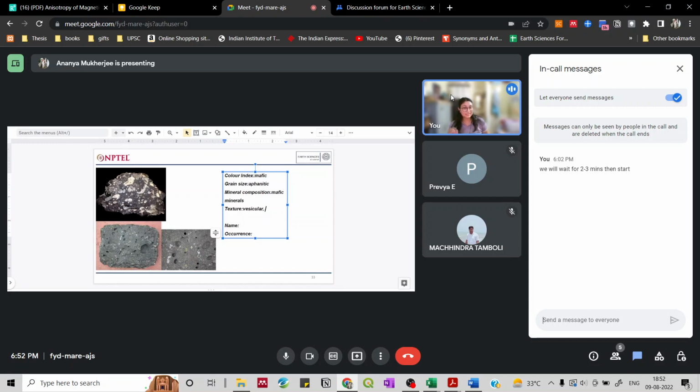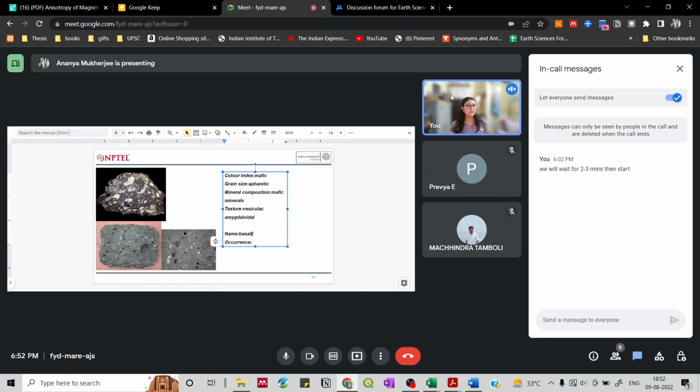And if the vesicles are filled with secondary minerals, like you can have calcium carbonate in it, or you can have some kind of silica precipitates also, then these are called amygdaloidal texture.